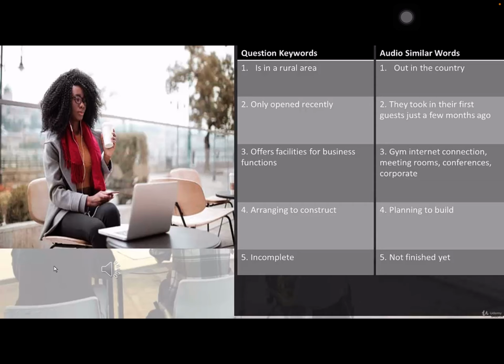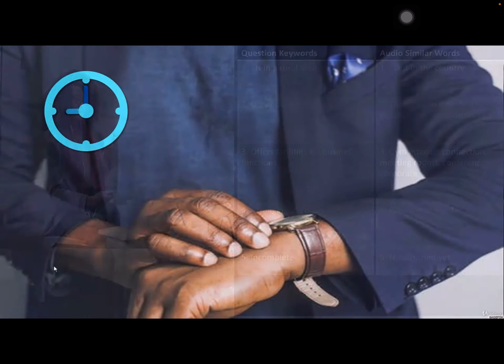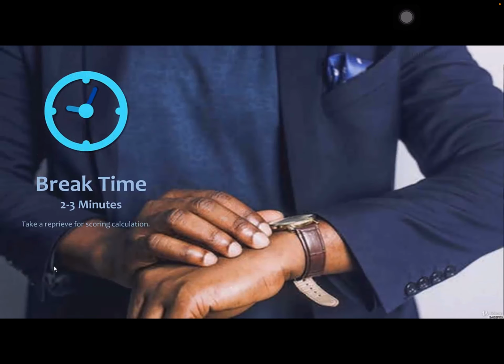Right? So it's important for you to be able to recognize paraphrasing and synonyms. So we're going to go ahead and take a short break, and then I want you to move to quiz B, which is the second part, and we're going to have more of these paraphrasing and synonyms quizzes to really help you understand that.